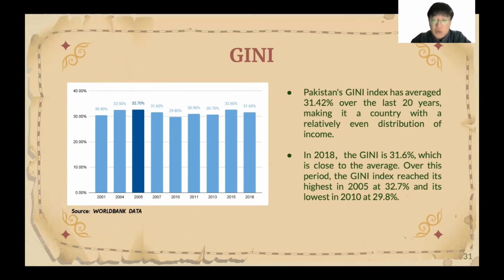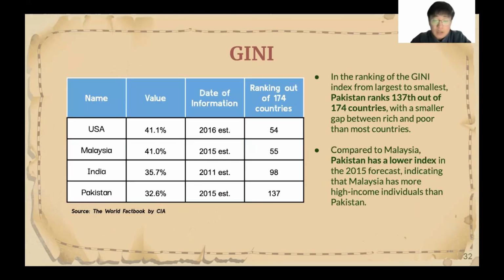In 2018, the Gini is 31.6%, which is close to the average. Over this period, the Gini index reached its highest in 2005 at 32.7%, and suddenly dropped to 29.8% in 2010.